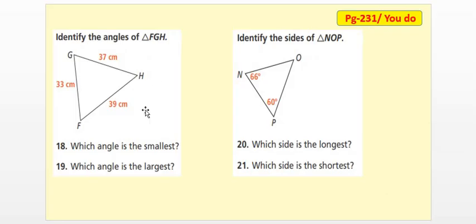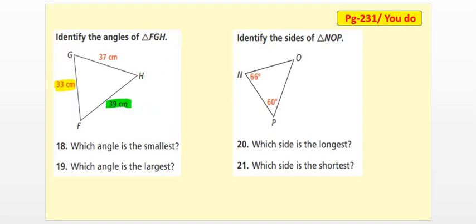These are actually the questions from the lesson. Now let's start the lesson. Identify the angles of triangle FGH. Which angle is the smallest and which angle is the largest? So how do we decide for an angle to be the smallest or the largest? We check the measurements of the sides, or you can say the lengths of the sides. Right now the smallest side is 33 and the largest side is 39.